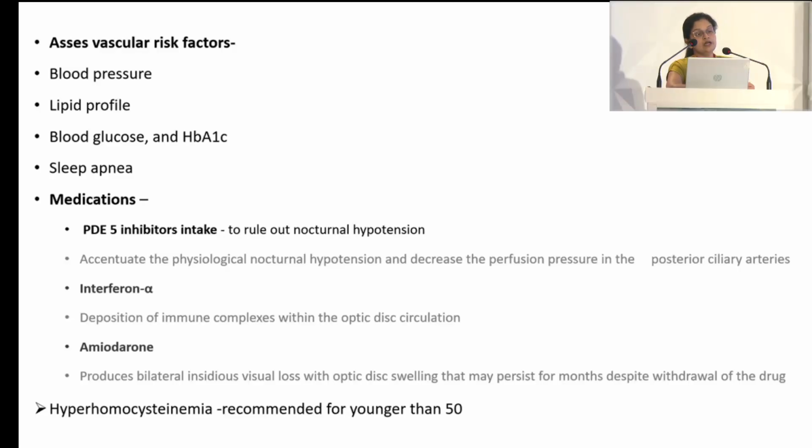We have to evaluate other vascular risk factors like blood pressure, lipid profile, blood glucose, and ask questions to exclude sleep apnea, and the intake of phosphodiesterase 5 inhibitors because they can accelerate nocturnal hypertension, and interferon alpha, which deposits immune complexes within the optic nerve and optic disc circulation, and the history of amiodarone intake. And if the patient is less than 50 or there's a history suggestive of it, you have to exclude homocystinemia.